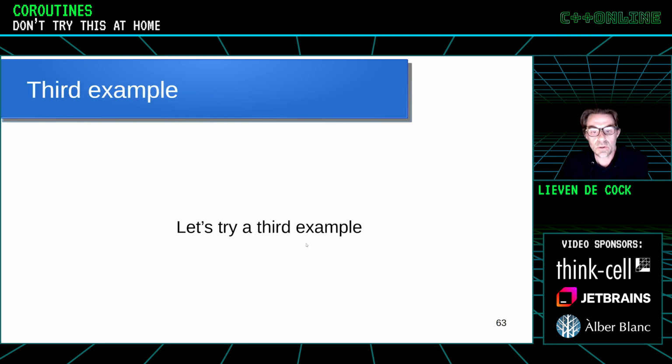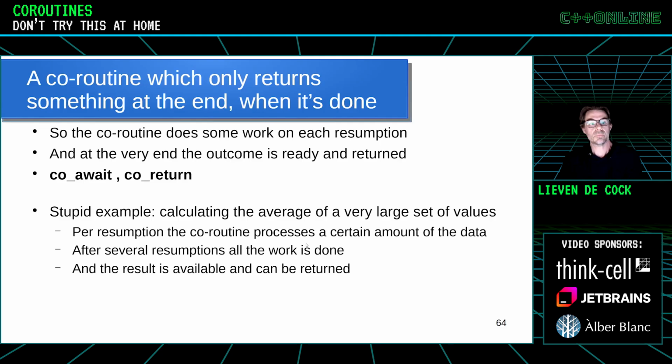Let's go to a third example. Suppose the coroutine is going to do some work and that work takes a lot of time, and that's why we want to slice it up.